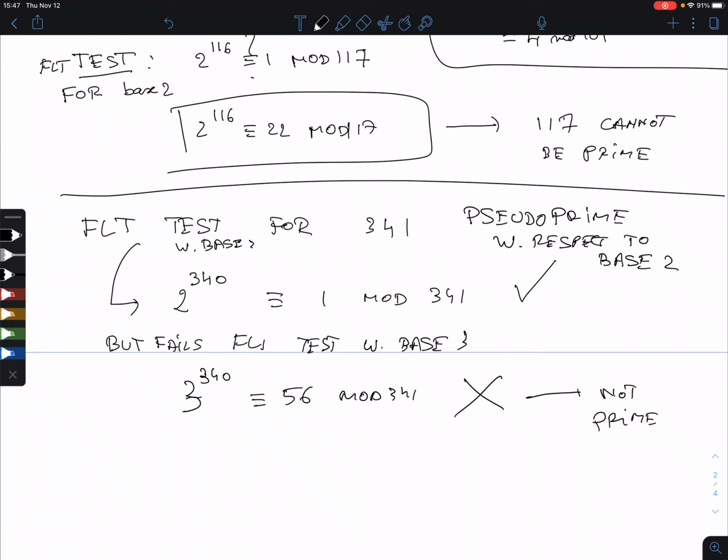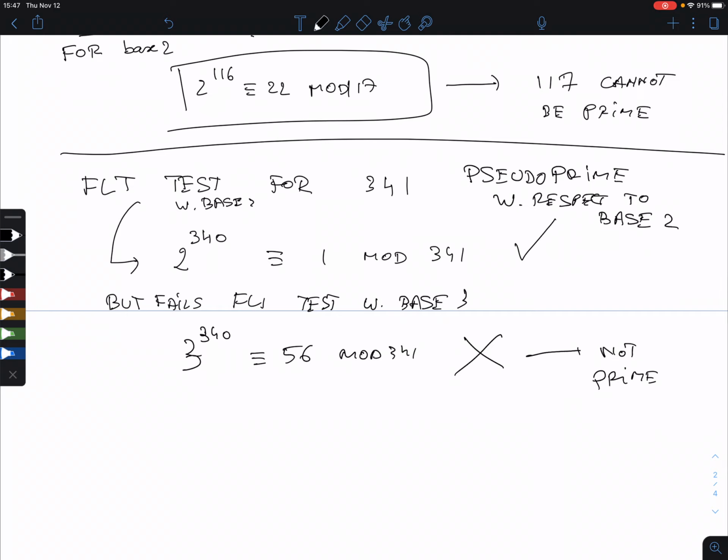So if you use the Fermat test on this number with base 2, it seems to look like it holds. However, you see it is not a pseudo-prime with base 3, because it fails that test. So now a Carmichael number is a number that satisfies every FLT test with any base, but is still not a prime number. That is disappointing.